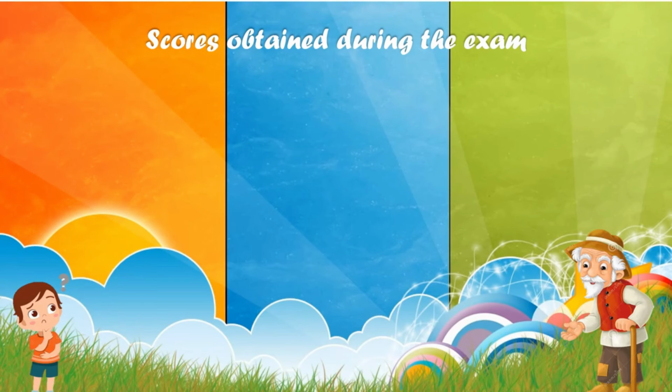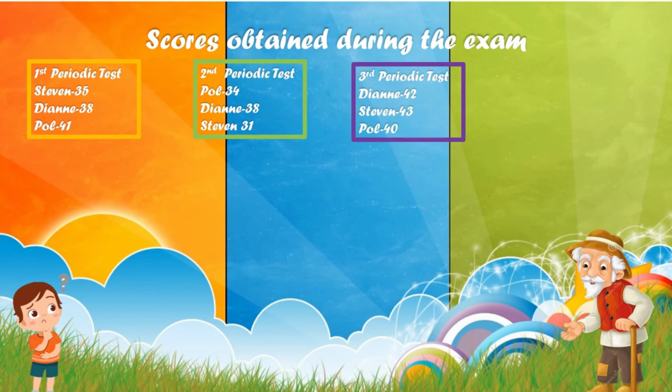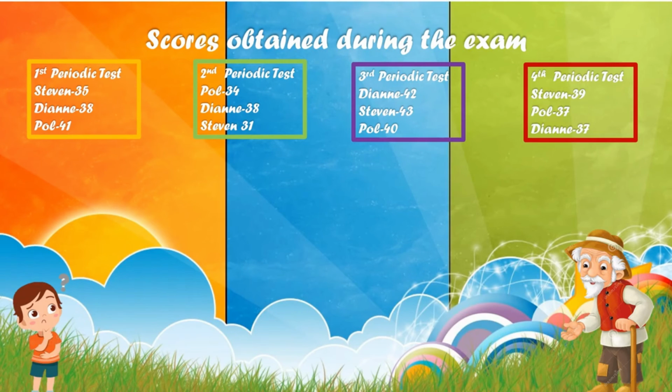Hello, friend. Can you help me organize this data in a tabular form? Oh, thank you. Here are the scores that we obtained: the first periodic test, second periodic test, third periodic test, and fourth periodic test.